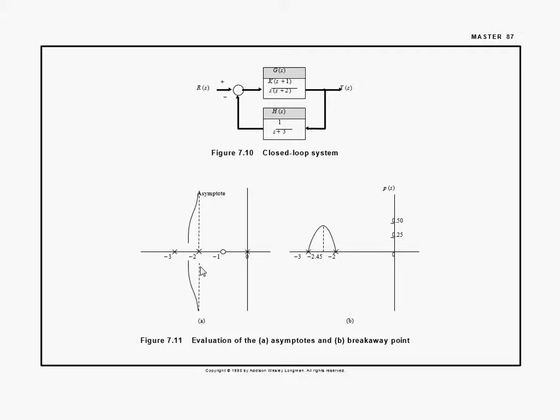This is if you want to plot it by hand, you want to be seeing where the plots are, or where the breakaway points are. In other words, you want to be able to predict that graph. With MATLAB we don't have to predict anything. We have the graph.